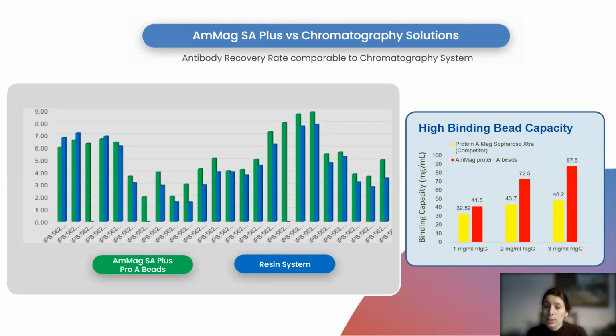And what we did here is side by side, we purified using the AmMag assay protein A beads and the resin system. Another plot that you're seeing here is the binding capacity of the magnetic beads. On the right-hand side corner, you're seeing the competition, which is the yellow bar, versus the GenScript protein A beads. So just a quick overview of the capacity of how much protein we can bind.